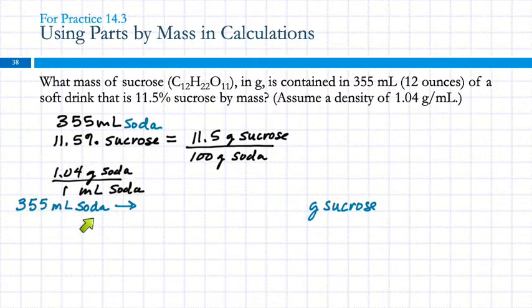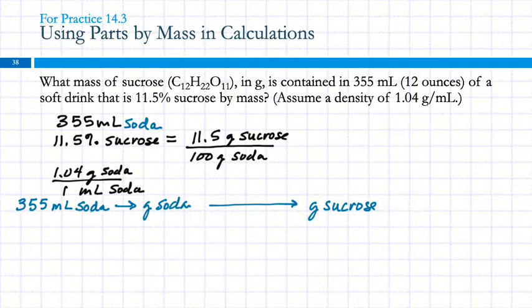I'm starting with milliliters of soda. This density would allow me to convert to grams of soda. And then the concentration in percent gives me the relationship between grams of sucrose and grams of soda, and that's the last step that I need. So I've identified the path I need to take. That's the hard part.